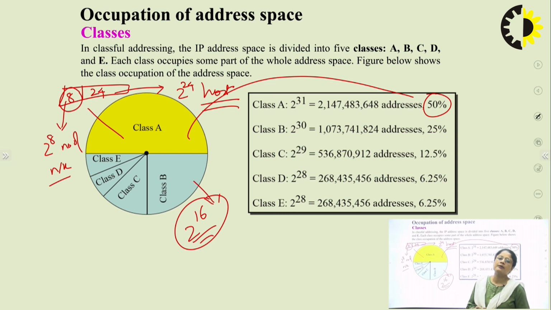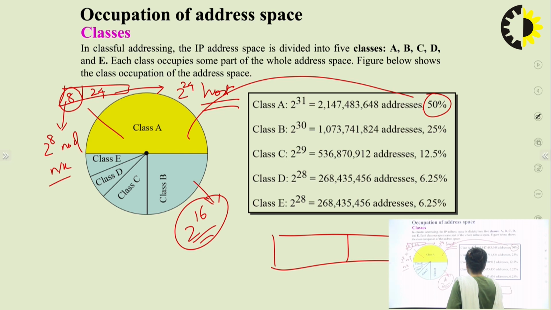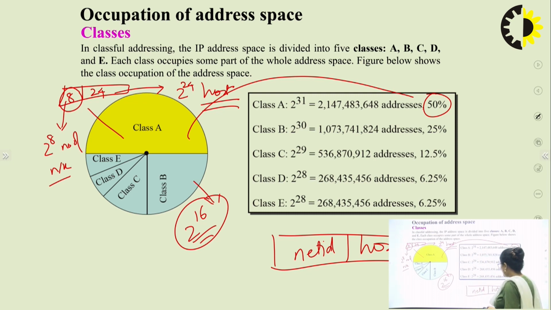So classful addressing leads to wastage of addresses, because every address has 2 parts, the net ID and the host ID, as we just studied. For example, if you are using Class A addressing, 8 bits for the net and 24 bits for the host, we may not need 24 bits for the host.